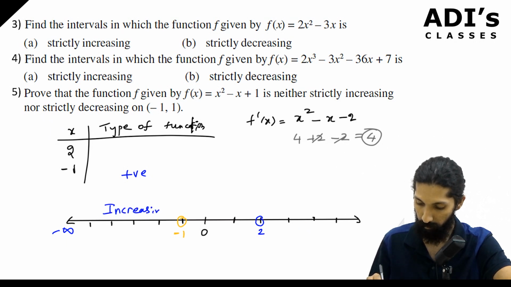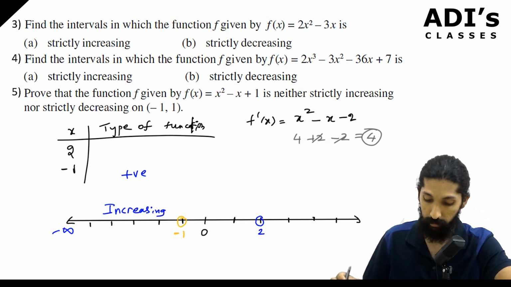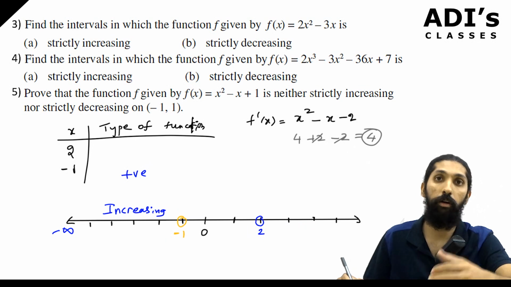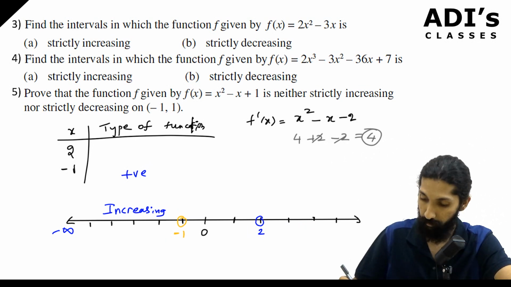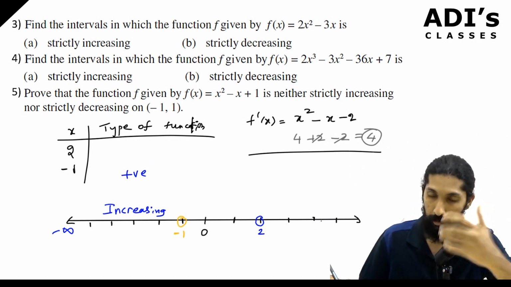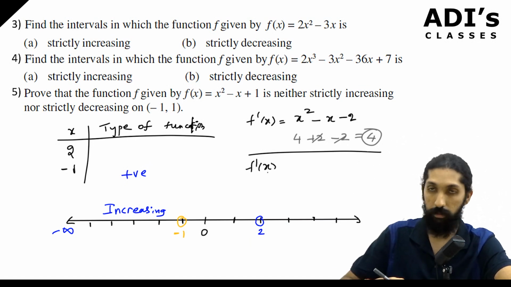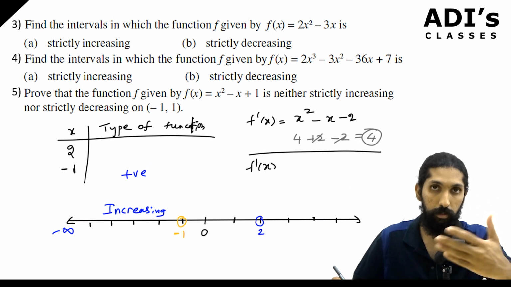When you have strictly increasing, you have x1 less than x2, some values of x1 and x2, and f of x1 is strictly less than f of x2. There is no slack inequality, there is a strict inequality.